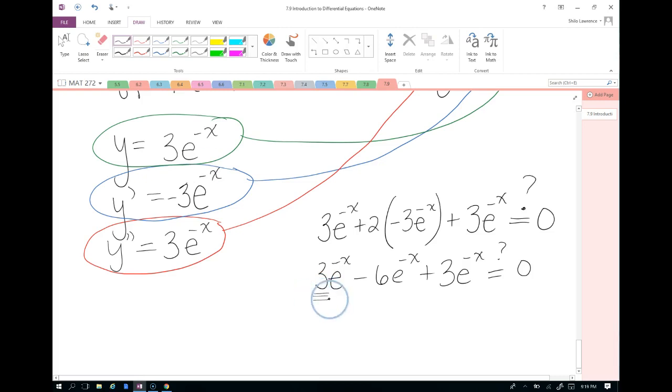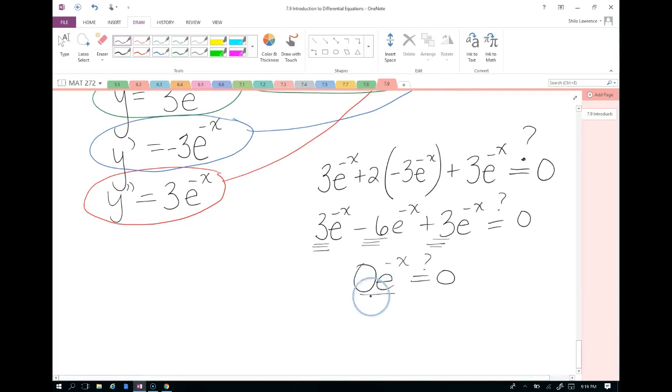So I've got 3 minus 6 plus 3. So 3 minus 6 is negative 3, plus 3 more is 0. I've got 0 e to the negative x's. And anything times 0 is 0. So it's true. 3e to the negative x is a solution for this differential equation.